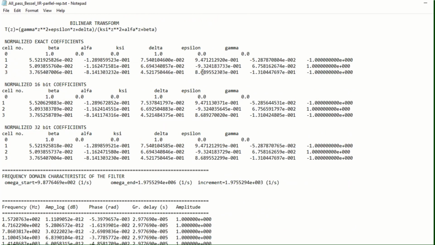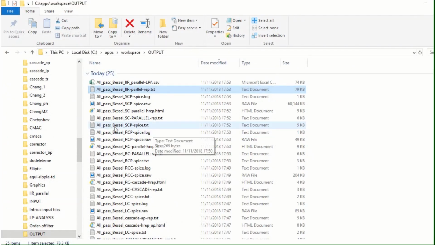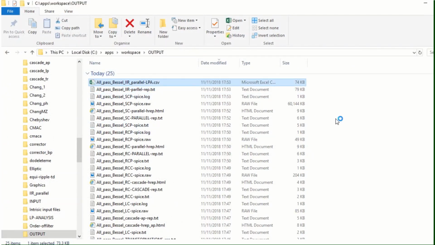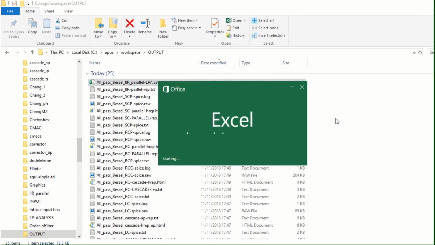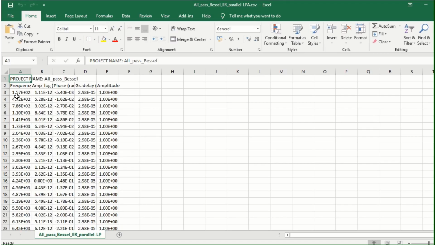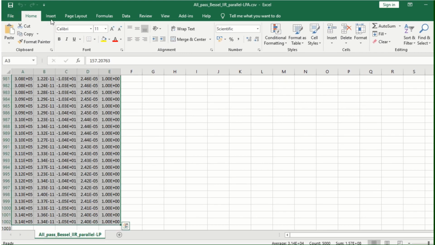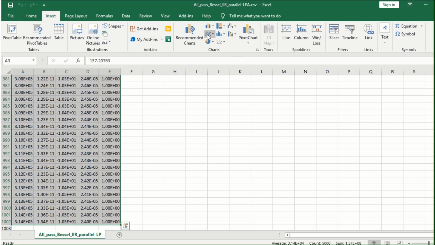You cannot recognize among them whether it is all pass or not, so they are coefficients. But that can be seen in the table which was produced for the Excel. So we will insert a diagram.